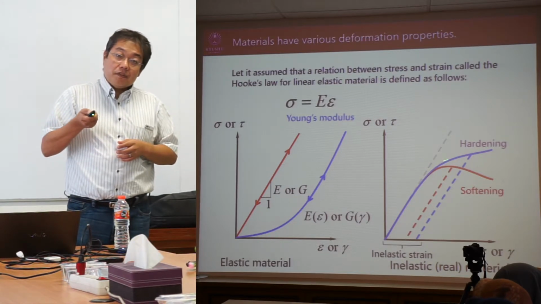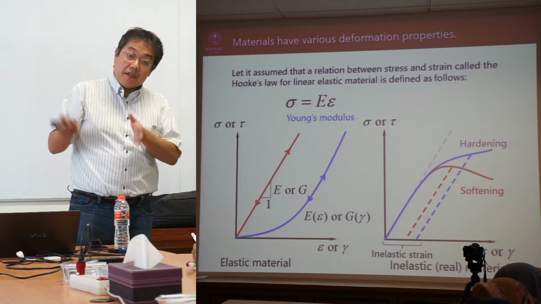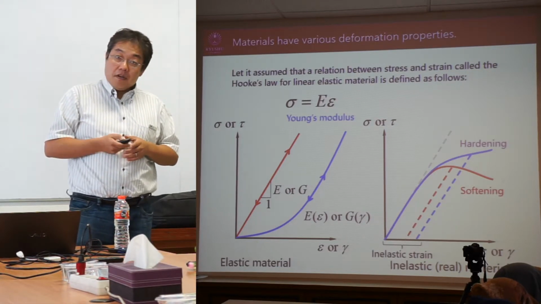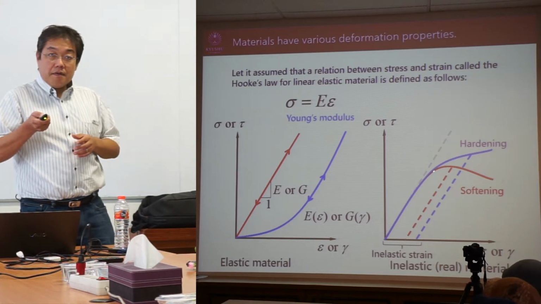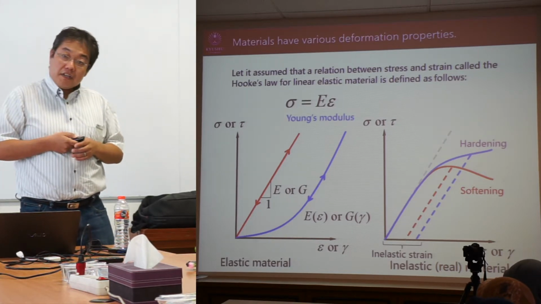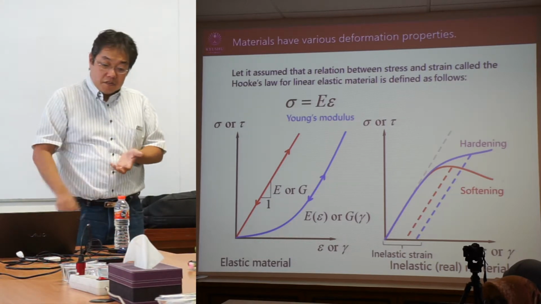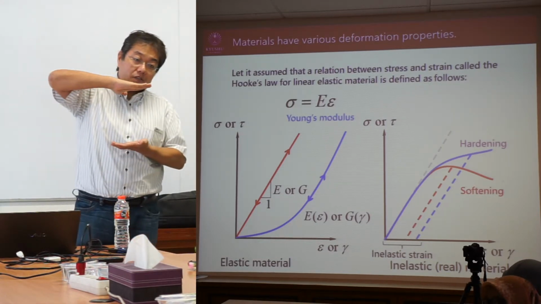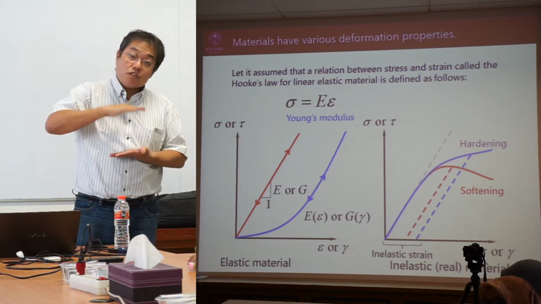The material becomes hardened due to plastic or inelastic deformation. Sometimes the soil has softening after the peak. For very compacted soil compressed in the soil test apparatus, there is a peak and then it goes down. So this is softening.